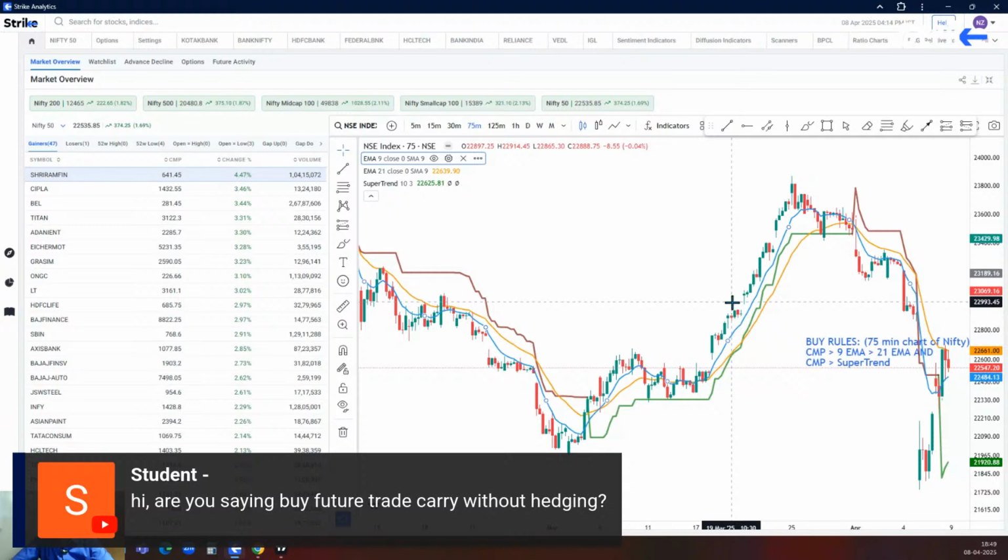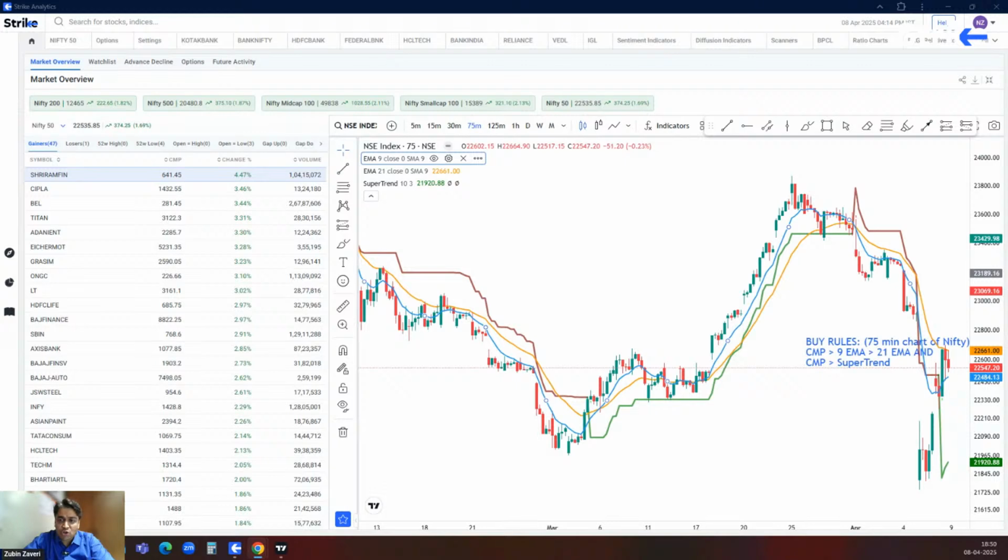So that is always preferable. Hedging is always required for those who are risk takers. For them, how will they protect their losses? By keeping strict stop losses. All right. Keeping strict stop losses is required over here. That was something which I said at the beginning of the webinar itself.